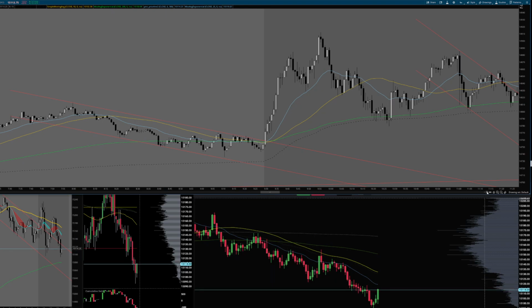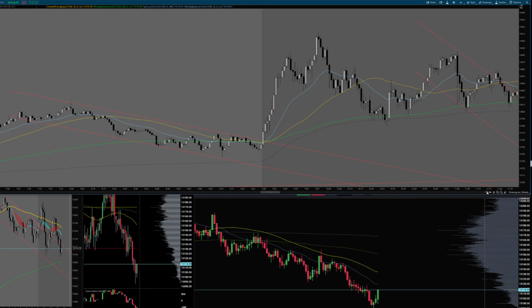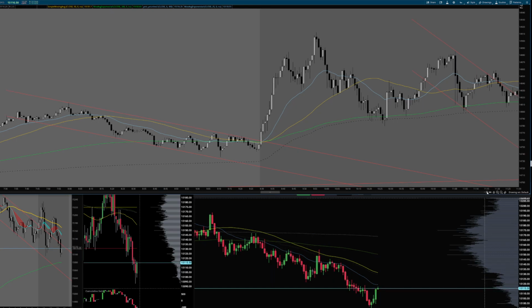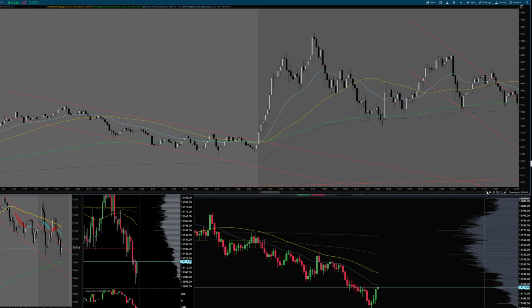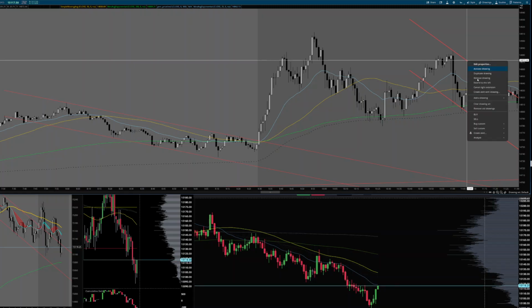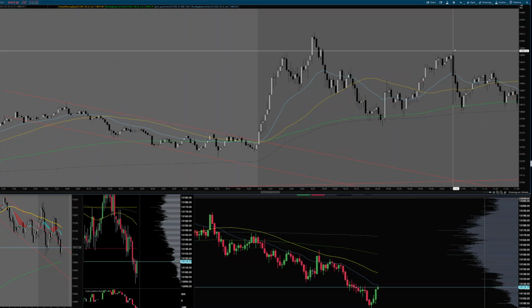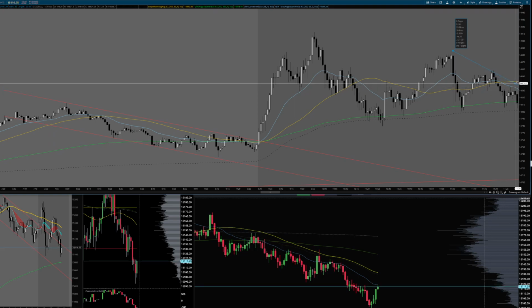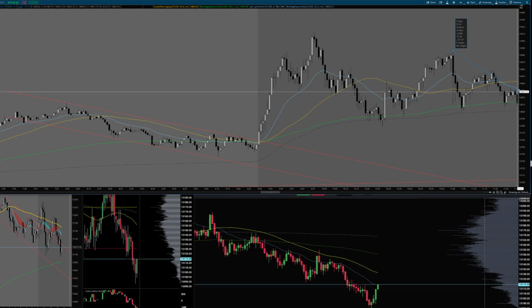Okay, trying that 25 again. And it got rejected at 25. And you can adjust this channel line also. Yeah, maybe like that, because that was a false breakout, I think.